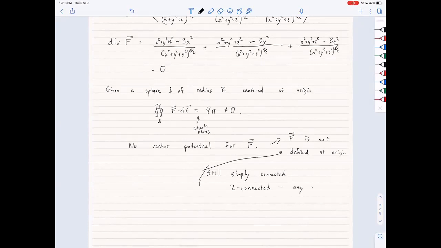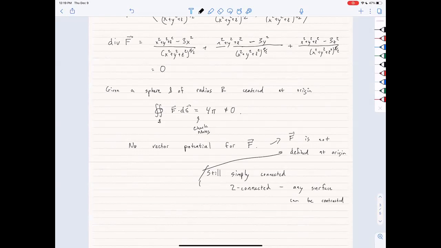Not just a loop, but a surface can be contracted. And I can't do that if I'm missing a point. If I throw a sphere around that point, I can't pull that sphere over that point without popping that bubble.